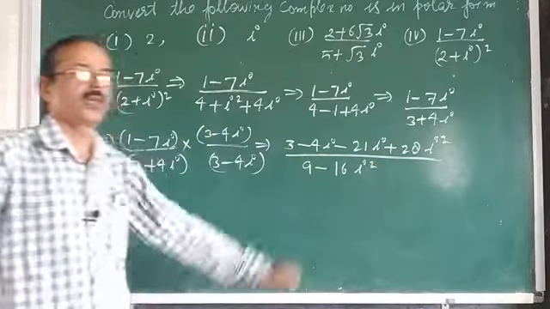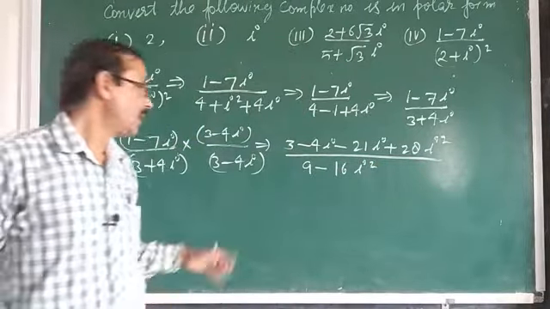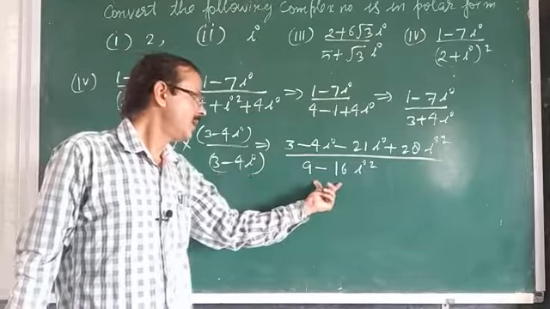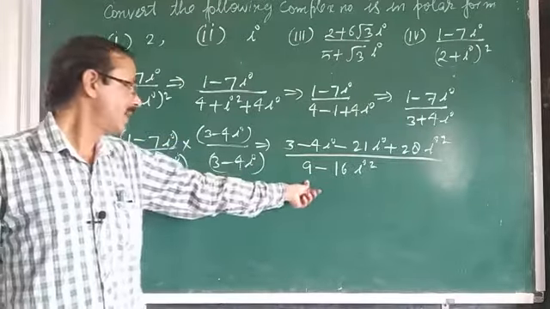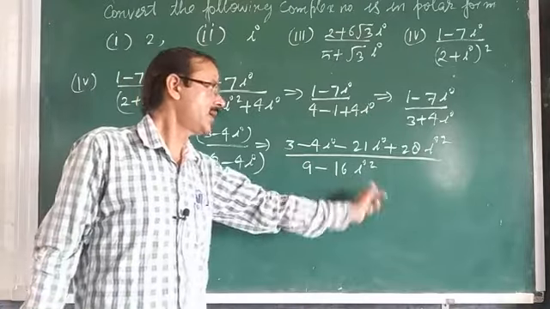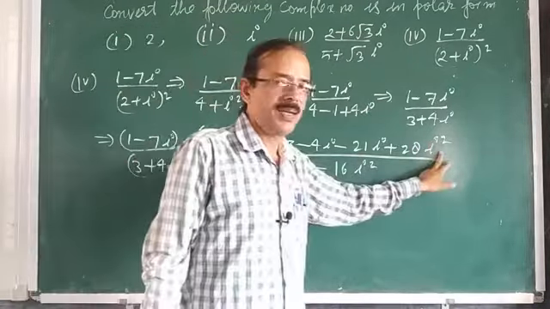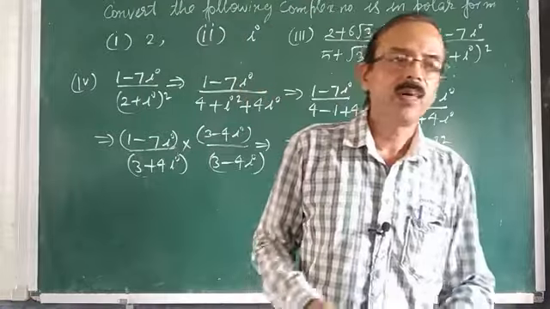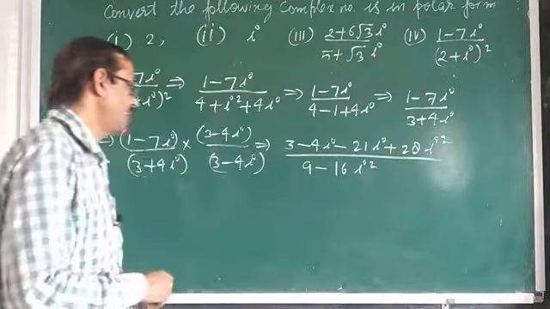What I did here, a plus b, a minus b applied, so a square 3 square 9 and b square 4 iota square means 4 square 16 and iota square. We have to replace iota square by minus 1.